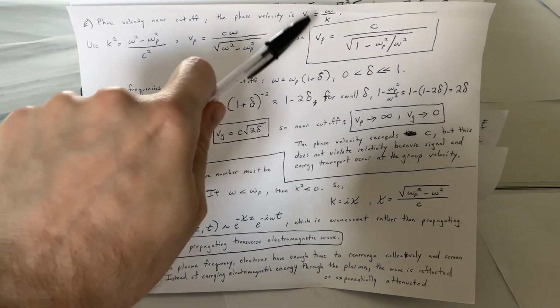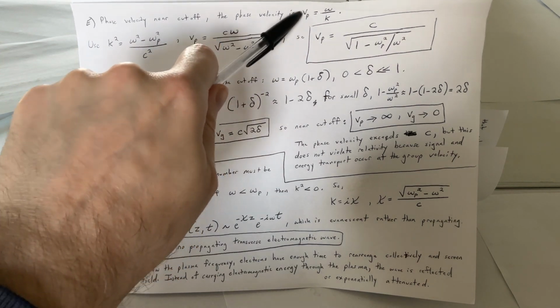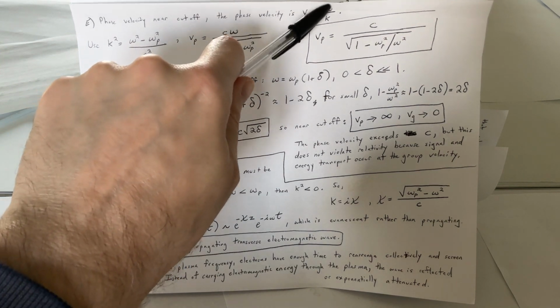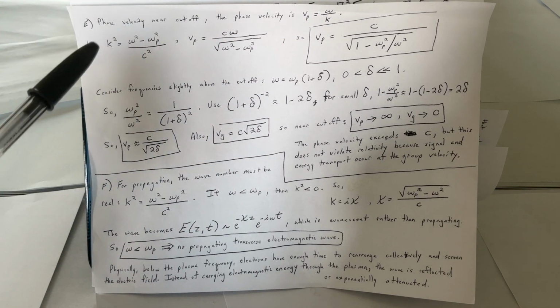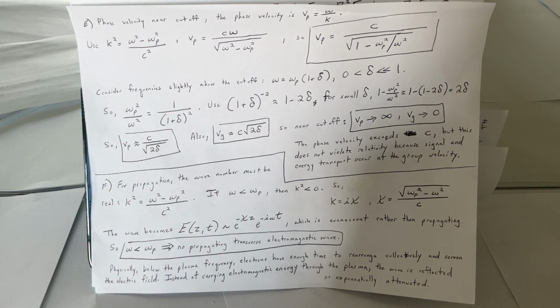So the phase velocity is V sub P equals omega over K. So we use K squared equals omega squared minus omega sub P squared over C squared. V sub P is C omega over the square root of omega squared minus omega sub P squared. So for V sub P, we're going to get C over square root of 1 minus omega sub P squared over omega squared.